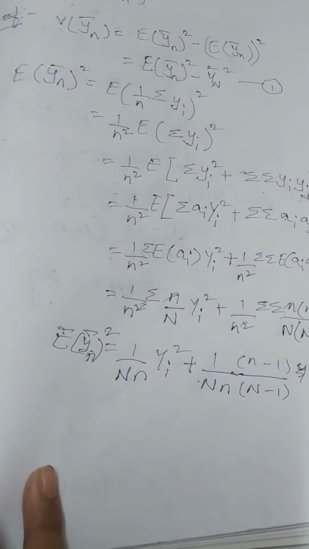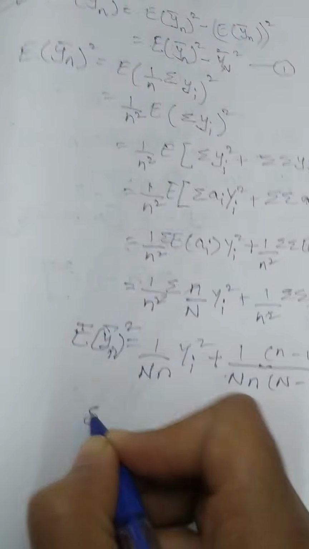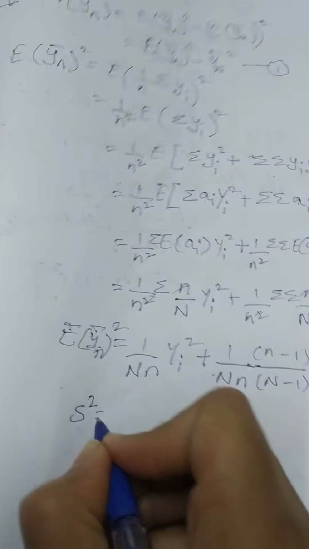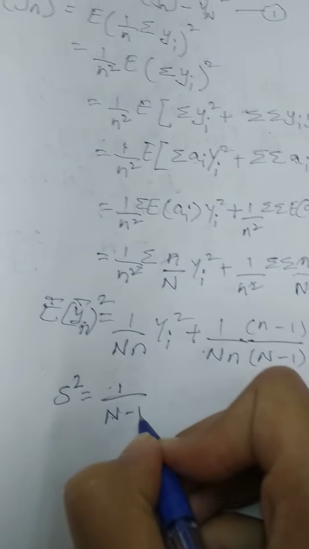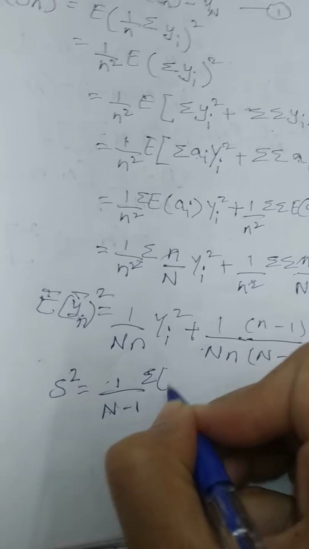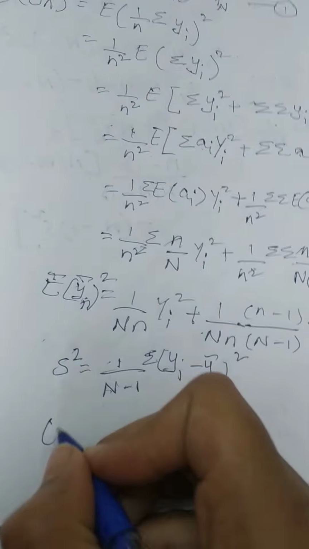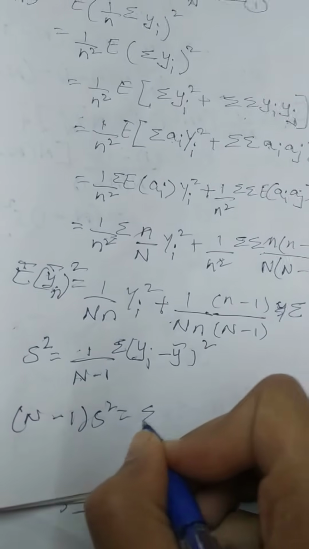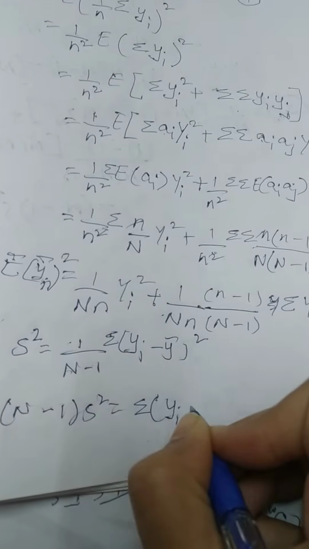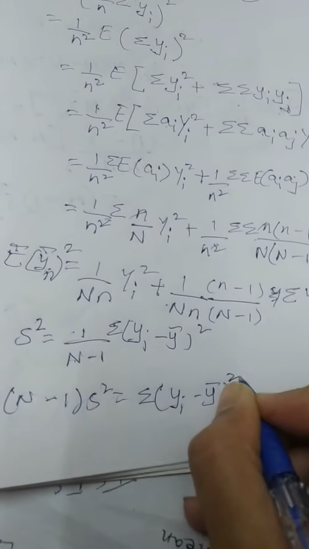Okay, now first, you know the formula, S square is equal to 1 by capital N minus 1 into summation of Yi minus Y bar whole square. If we cross multiply this, it will be capital N minus 1 of S square is equal to summation of Yi minus Y bar whole square.